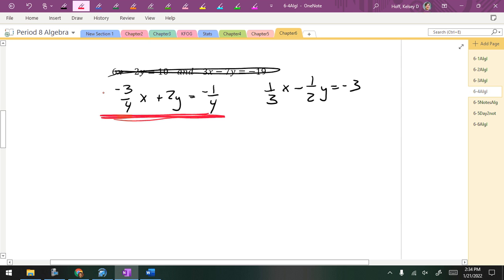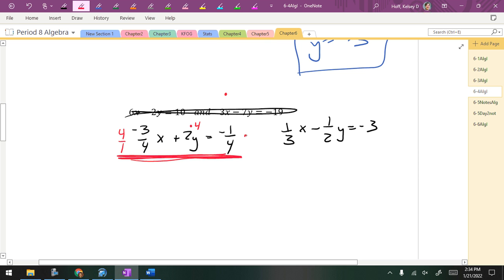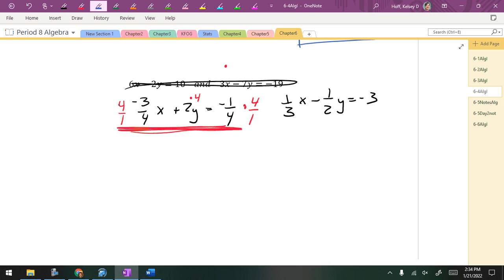4. So if I multiply this by 4, this by 4, and this by 4, my 4's cancel. I have -3x plus 8y equals -1. That's a lot prettier place to be.